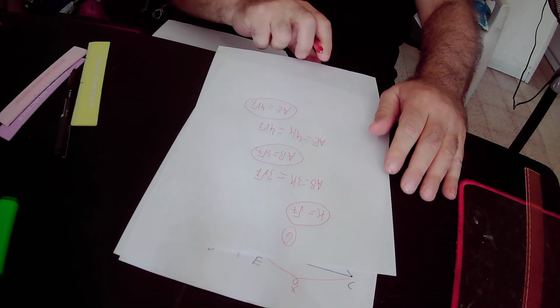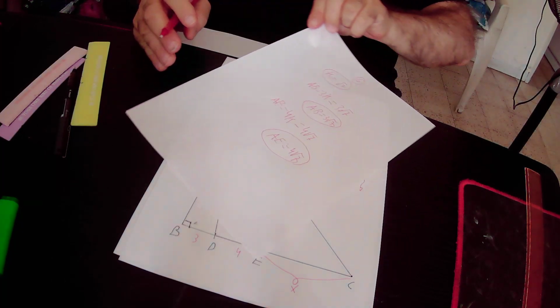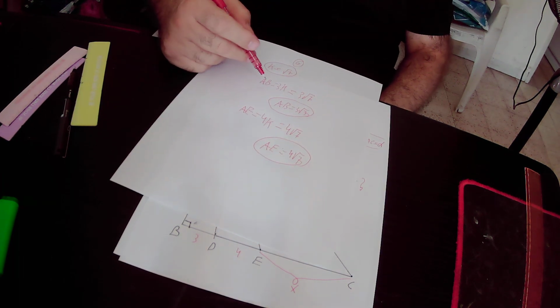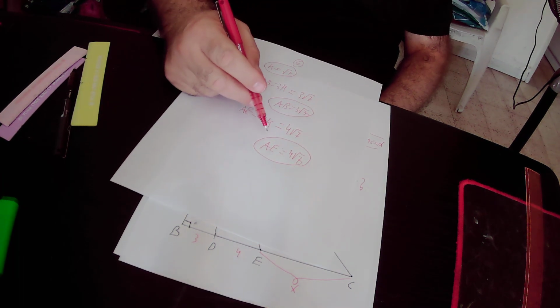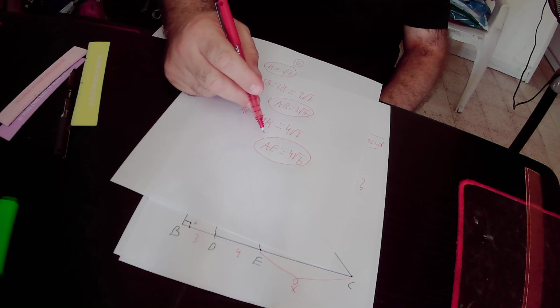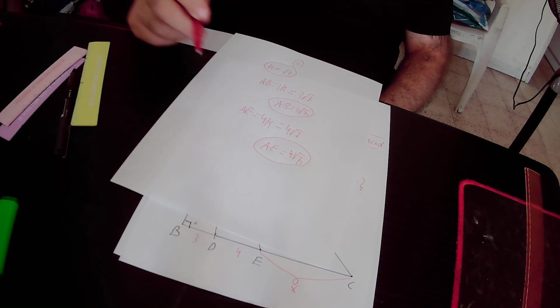So we found out the values: AB equals to 3 times root 7 and AE equals to 4 times root 7 units, okay?